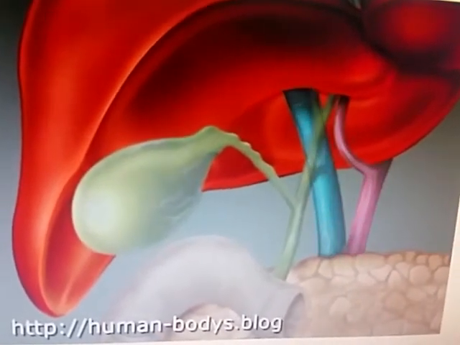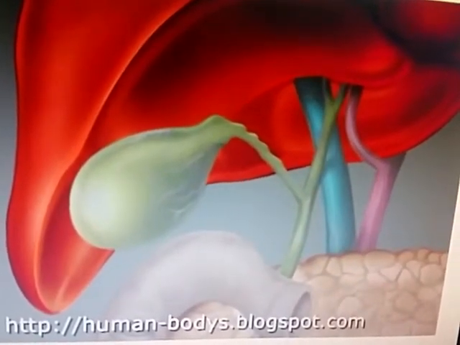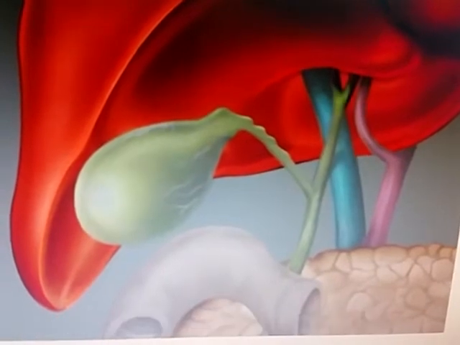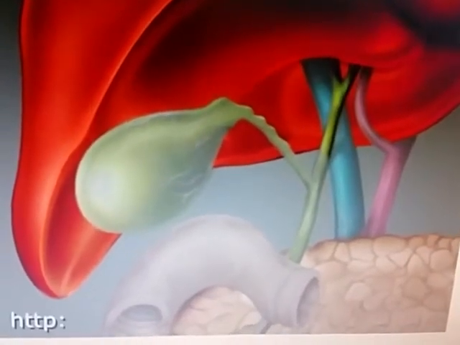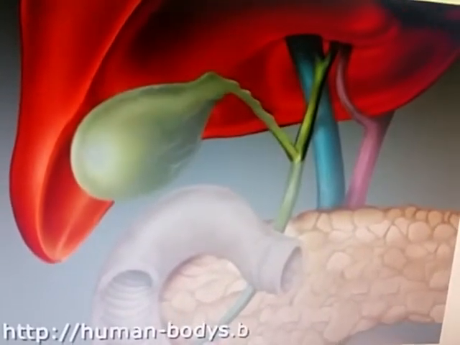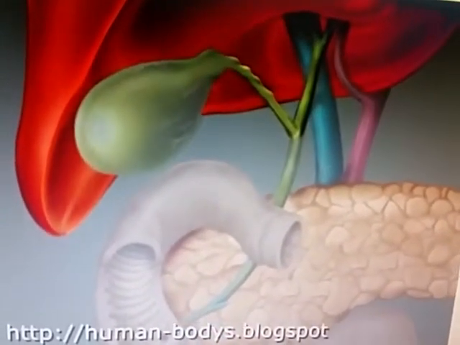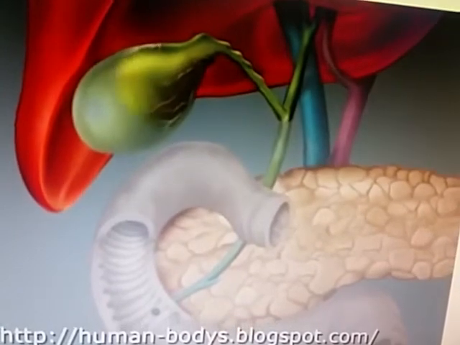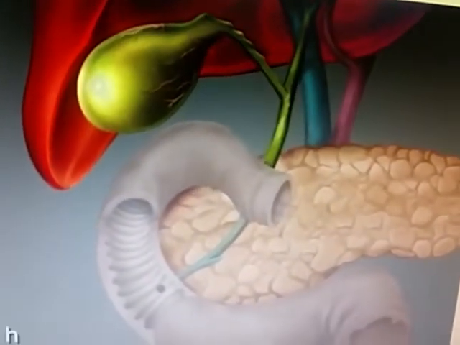The liver produces many substances, including bile, a greenish liquid that facilitates the digestion of fat. Spanish for bile is bilis. Bile produced by the liver is stored in a small pouch, the gallbladder, then released into the intestine during meals.